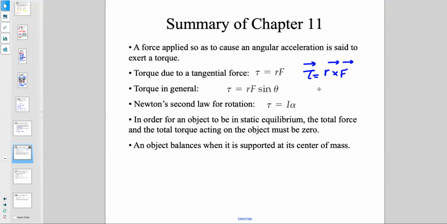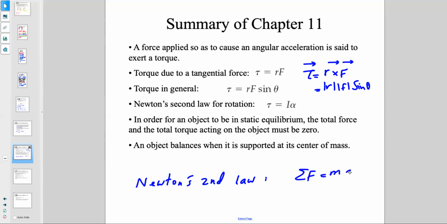They are both vectors. And basically you're saying multiply the magnitude of R, the magnitude of F, and the sine of the angle between them. And Newton's second law was sigma F equals ma.